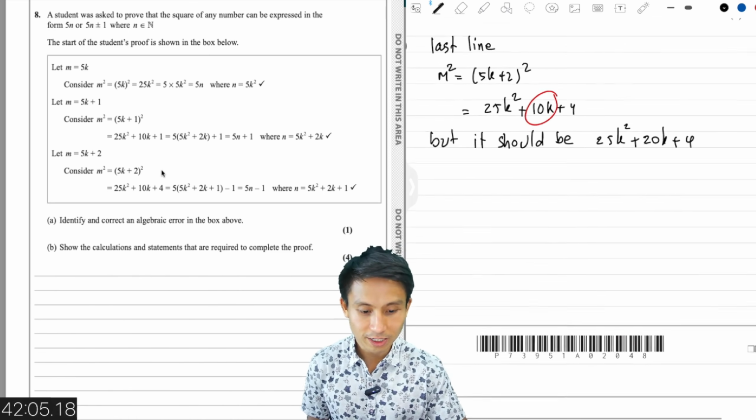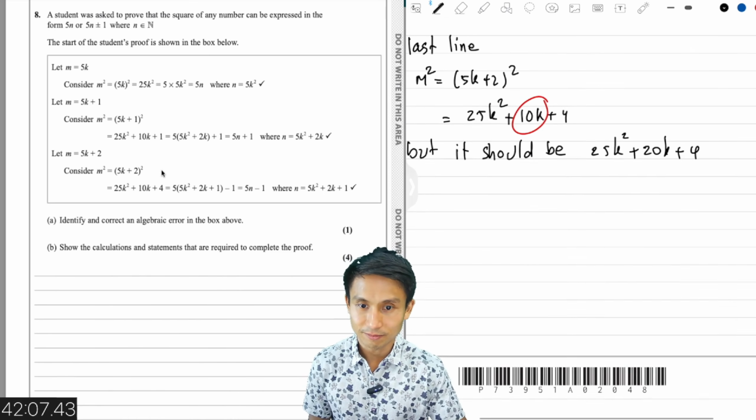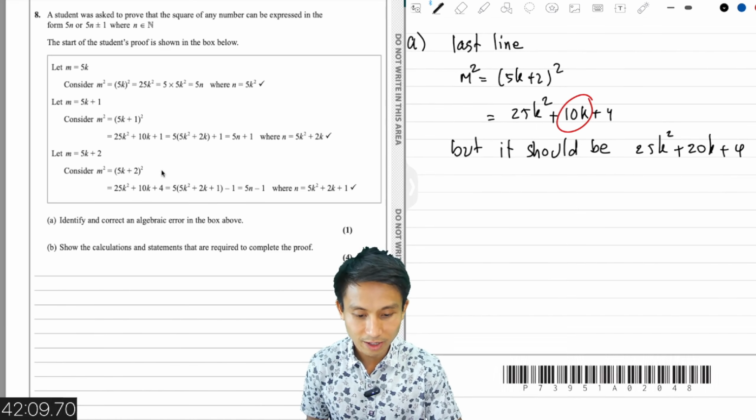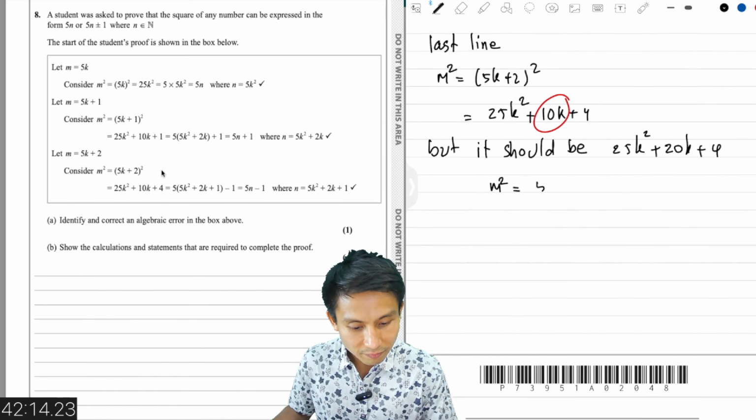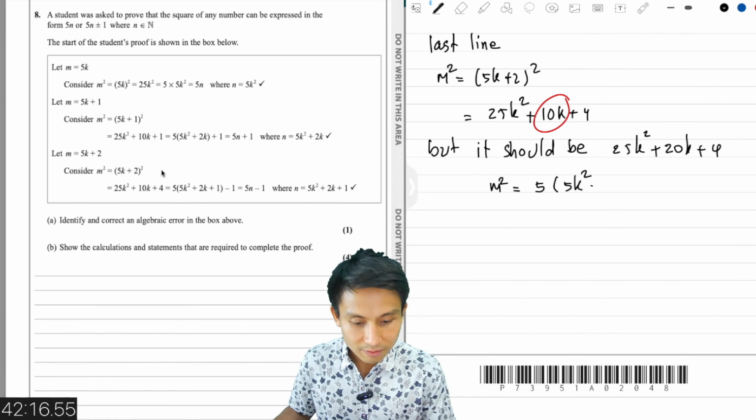Okay, we correct the whole thing then. And then we have m squared equals, so that would be 5 times 5k squared plus 4k.